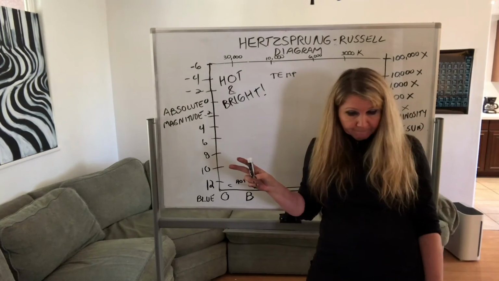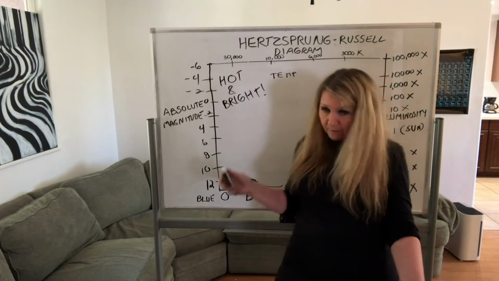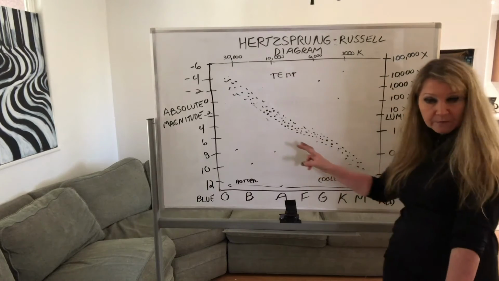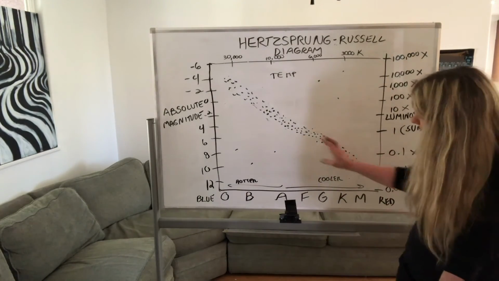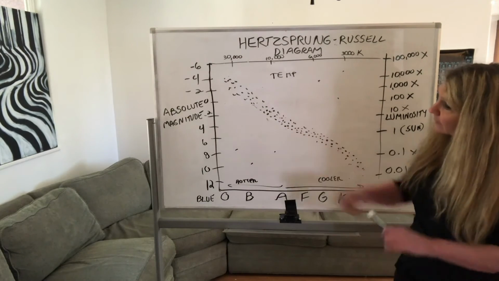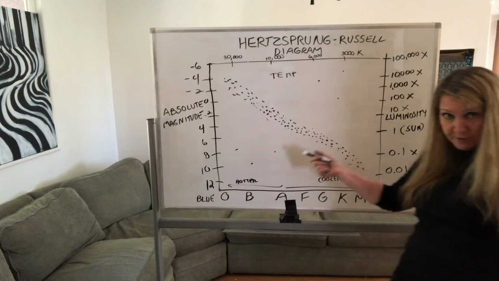Down here, so if we were to graph stars using this diagram, it would look something like this. And 95% of the stars are actually close to this line. And this line represents 95% of the stars.